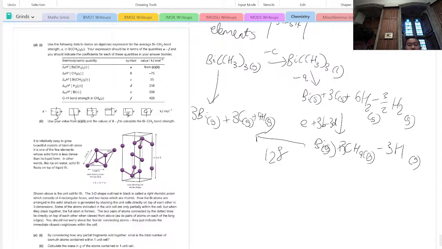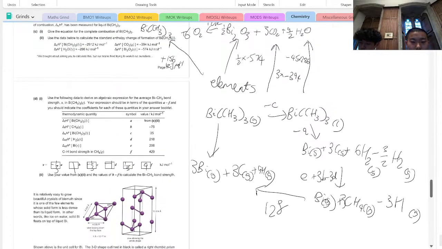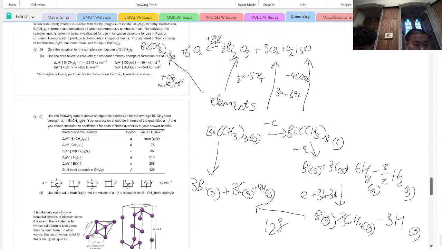Yeah, because you're breaking 12 CH bonds. Okay. And indeed. And now you have to use your value. You have to use the value. Yes. So we got plus 156. So minus 156 plus 3, minus 75, minus 35 divided by 3, minus 218.